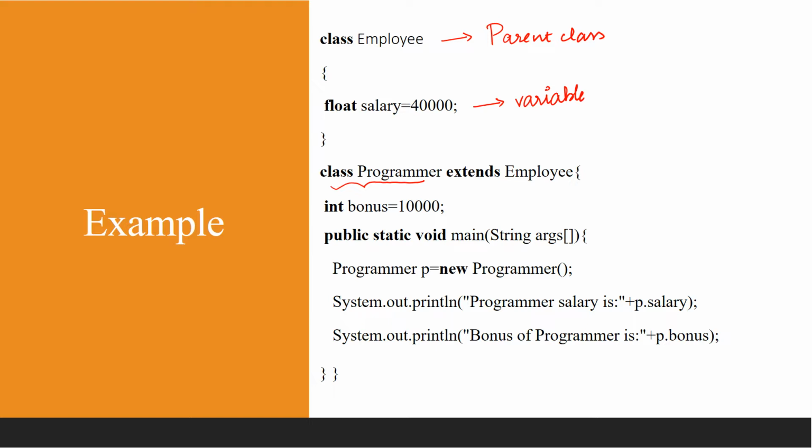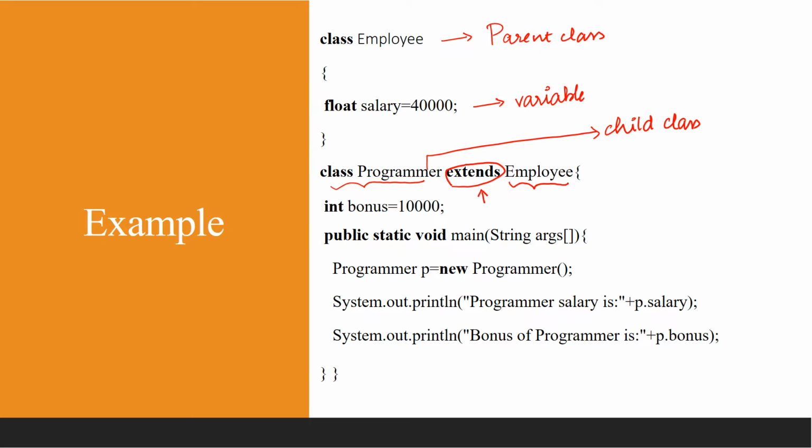So here the class Programmer is a child class, and this child class inherits. How do we use inheritance in Java? Using the extends keyword. It inherits which class? The parent class, which is called Employee.